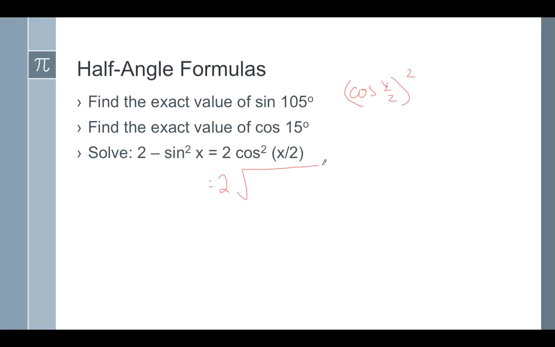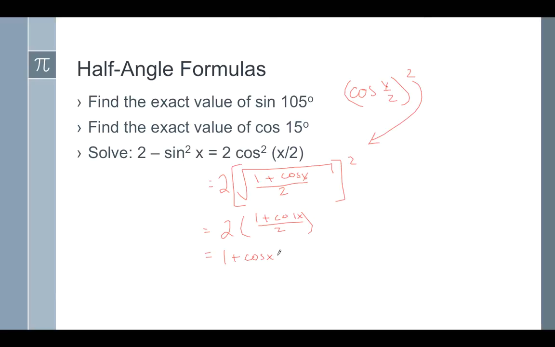So we get the square root of cosine of x over 2, just like we figured out a minute ago, was 1 plus cosine of x all over 2. But we are going to square it so the thing does not look as ugly as it did before, because that square comes along. And we get 2 times 1 plus cosine x all over 2. The 2's actually cancel, and you're left with a 1 plus cosine x.